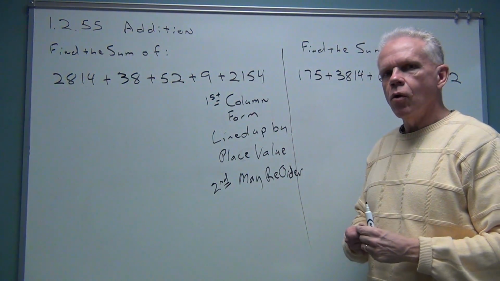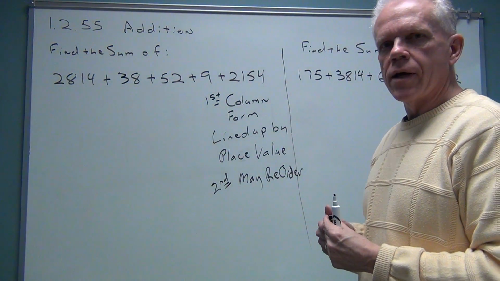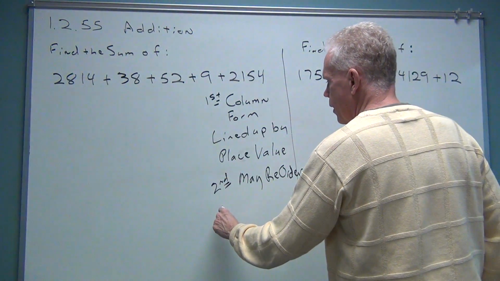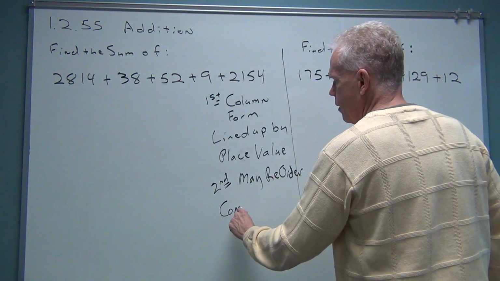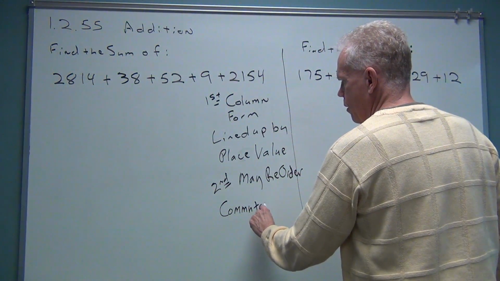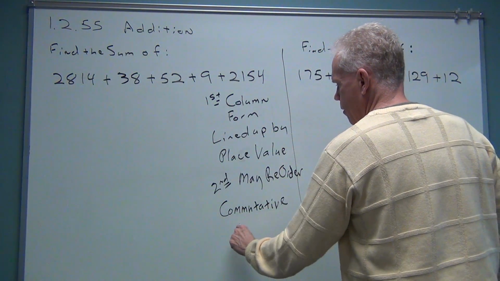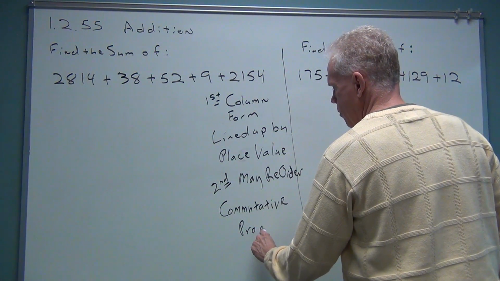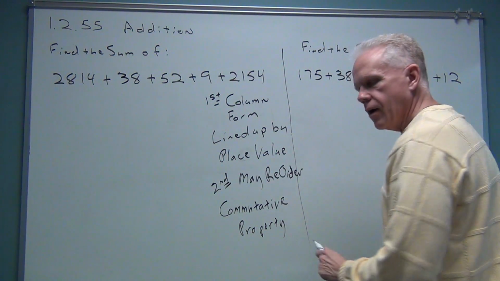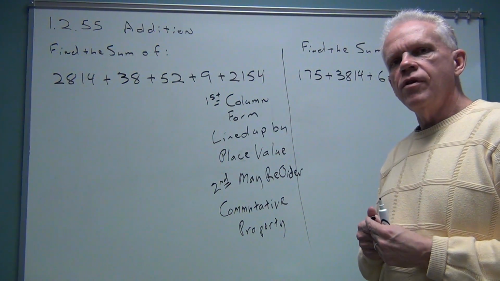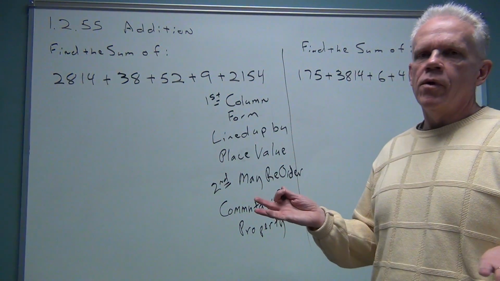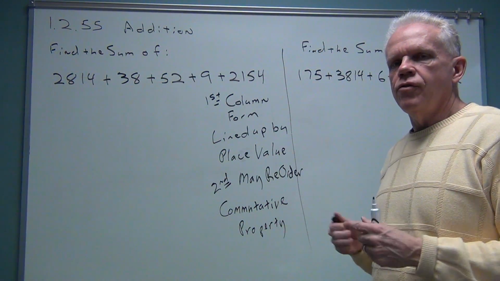Okay, so we may reorder them to help form our columns. We can do that because of something called the commutative property. Essentially what the commutative property says is we can add numbers in whatever order we'd like to. We can switch the order around.